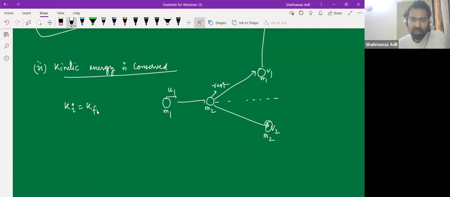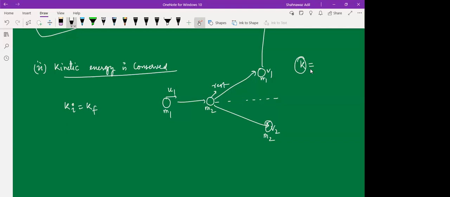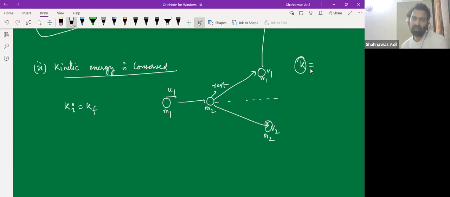So you guys tell me, what kind of physical quantity is kinetic energy? Is this a vector or a scalar? Akif is saying that this is a vector quantity. What do you guys think?